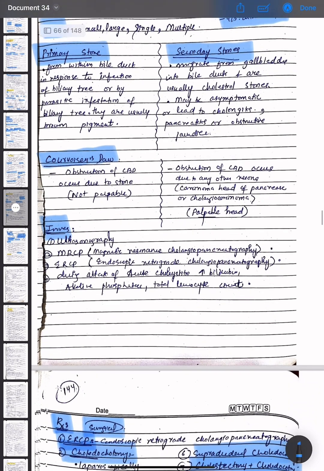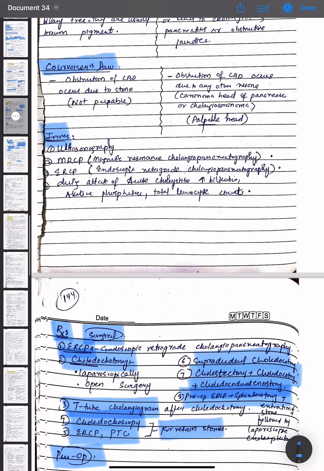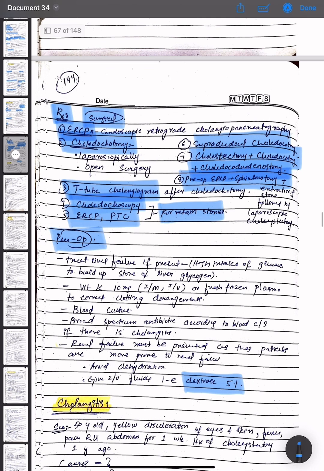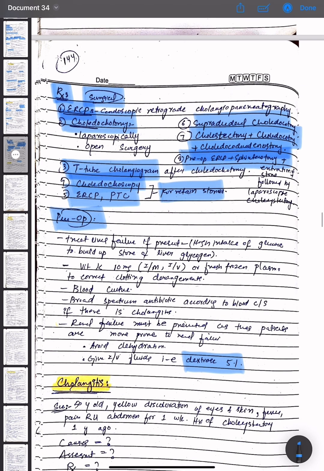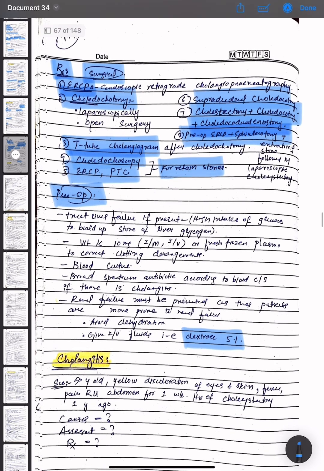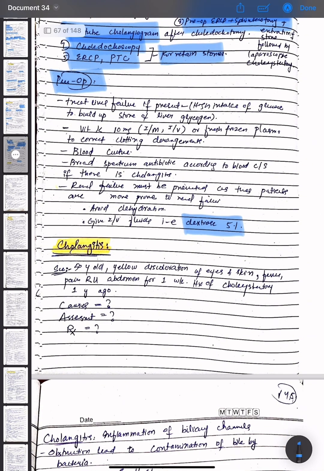Then the investigation options: ultrasonography, MRCP, ERCP, and the treatment options, surgical and pre-op. In treatment we have ERCP, choledochotomy, T-tube cholangiogram, choledocoscopy, ERCP, supraduodenal choledochotomy, cholecystectomy, choledochotomy plus choledochoduodenostomy, and pre-op ERCP plus sphincterotomy. Then the pre-op preparation of the patient.